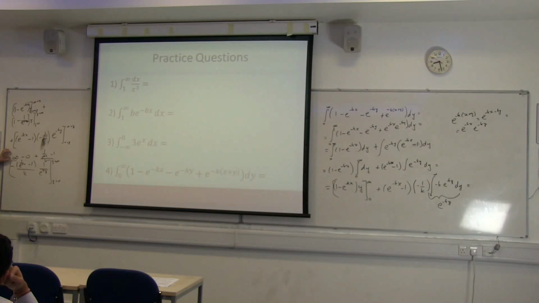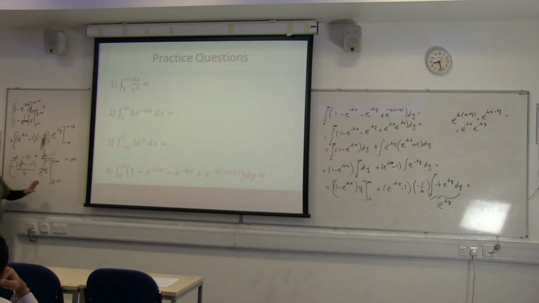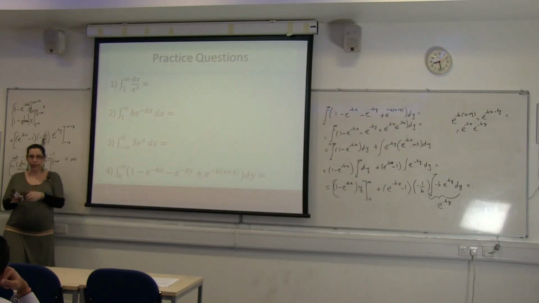But I have got the infinity here. So what will be the overall limit of this function or integral? So basically, this integral doesn't exist because it doesn't tend to an exact number, it tends to infinity.